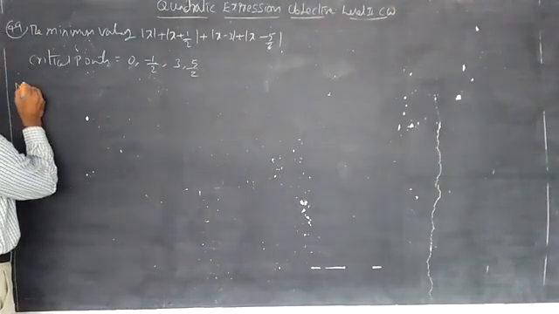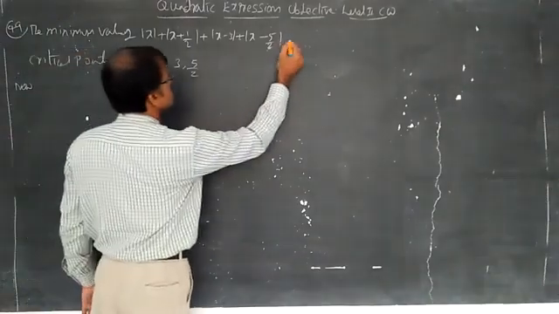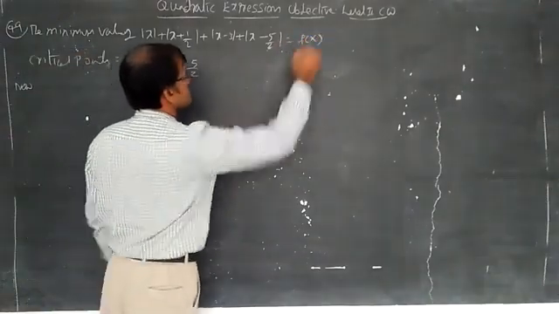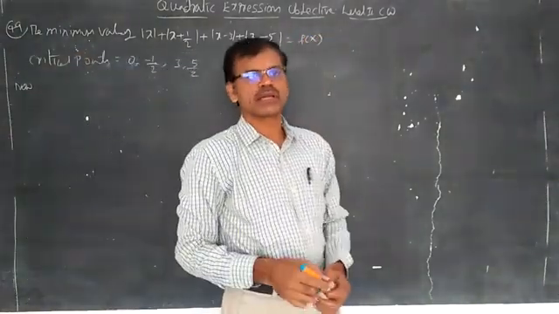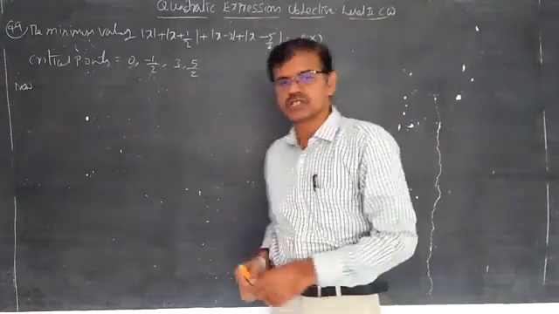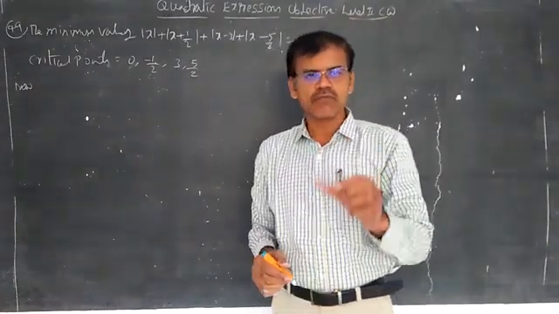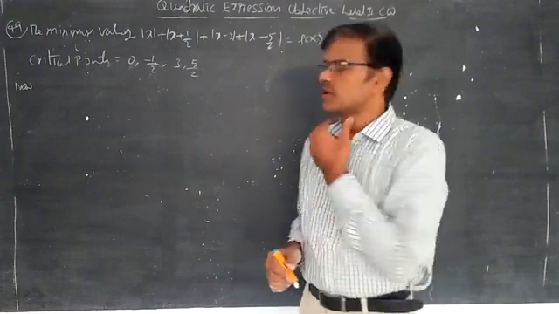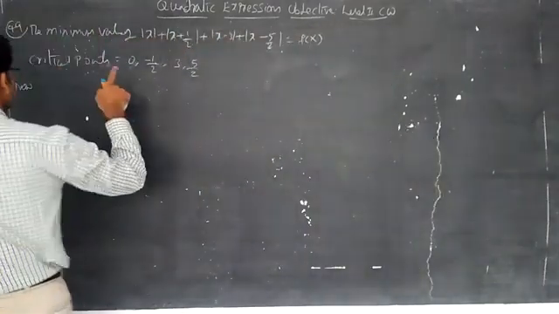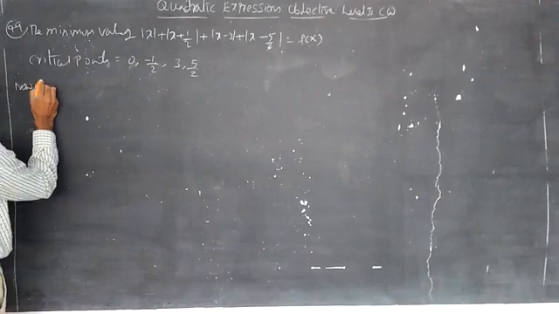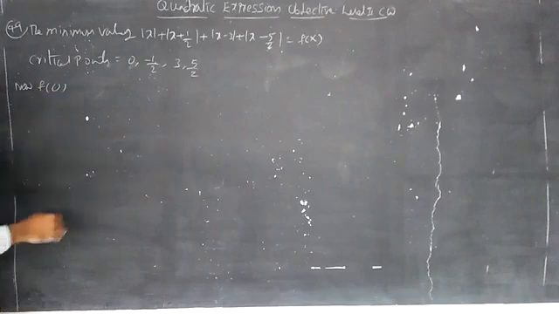Now, thinking of this as f of x, substitute all the critical points we got in the given f of x, and where you get the minimum value, that is the minimum value.